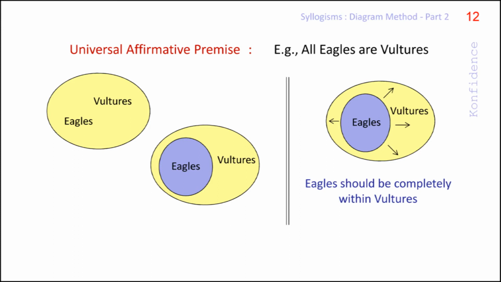However, when we do that, we should keep in mind that the set of eagles can grow bigger and bigger and grow as big as the set of vultures. But eagles cannot come outside vultures. That is the most important thing that you should keep in mind here.